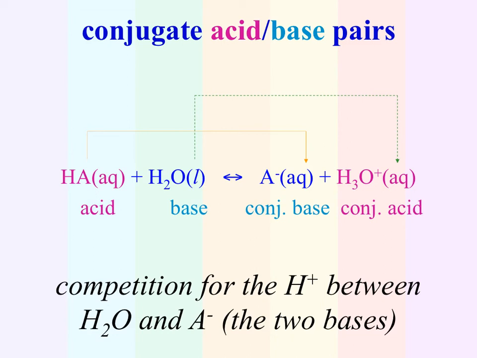Now, this will come into effect later, but something that you guys need to be aware of, or at least be cognizant of, is that your conjugate base and your original base, depending on their presence, may actually compete for the H+ ion that's produced from the acid that's added to the solution.